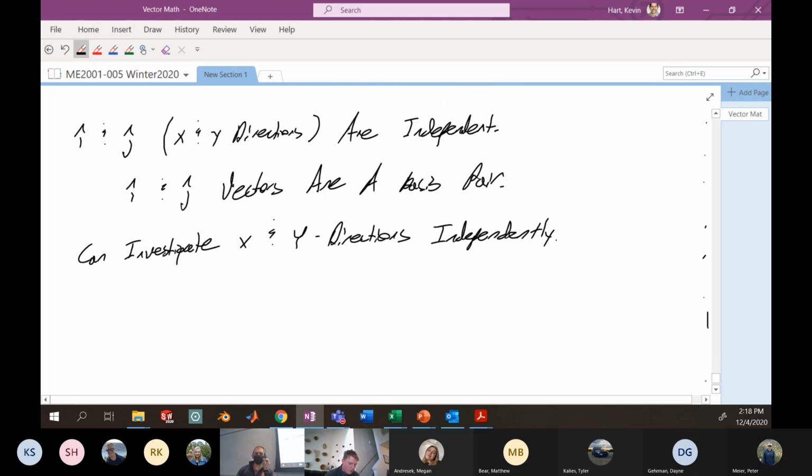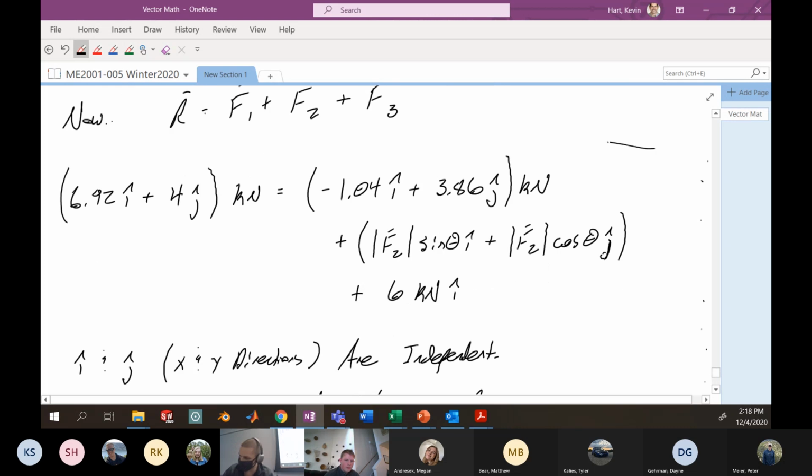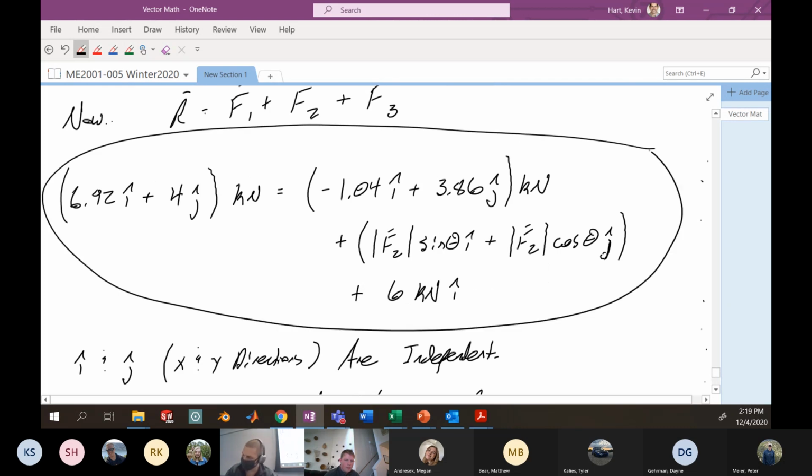As a result, that vector equation that I wrote above, which looks like one equation, this guy here, is actually two equations. One equation in the x direction and one equation in the y direction. Because these directions are independent of each other, we can analyze what's happening in x separately from what's happening in y, and vice versa.